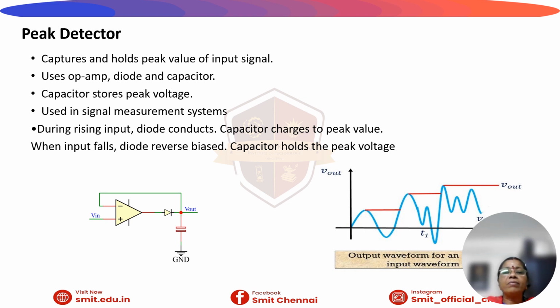So when you see the output response of the circuit between time and Vout, the input signal is given with different peaks. Every time it marks the peak of the input voltage. But when the peak voltage is less than the peak voltage detected earlier, it will miss the peaks.